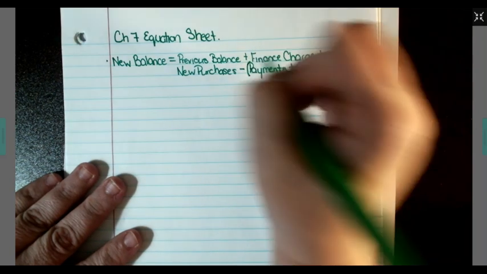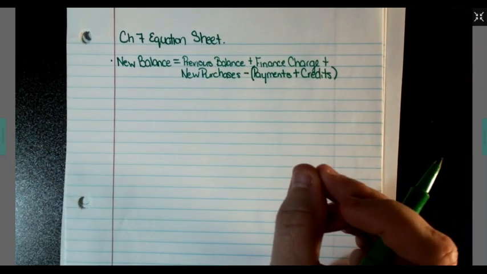And this needs to be in parentheses. Both of those combined, payments and credits.